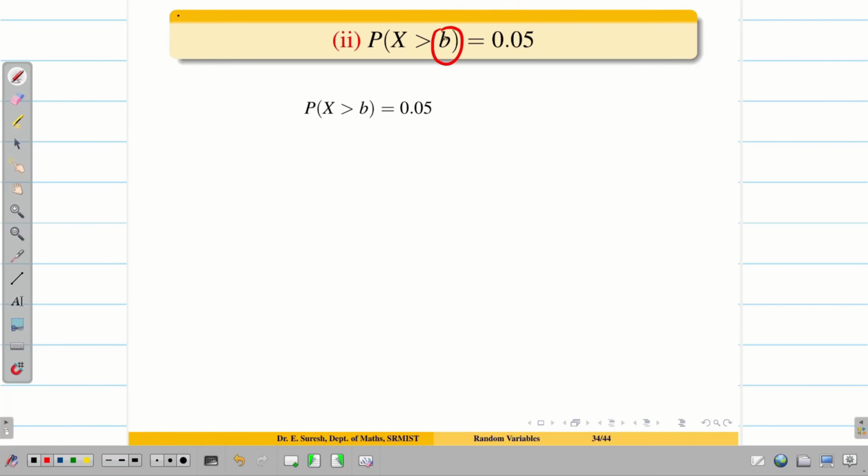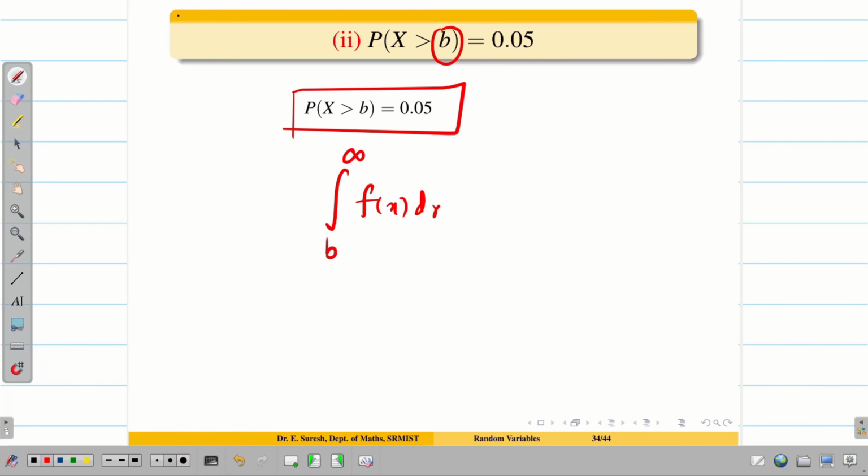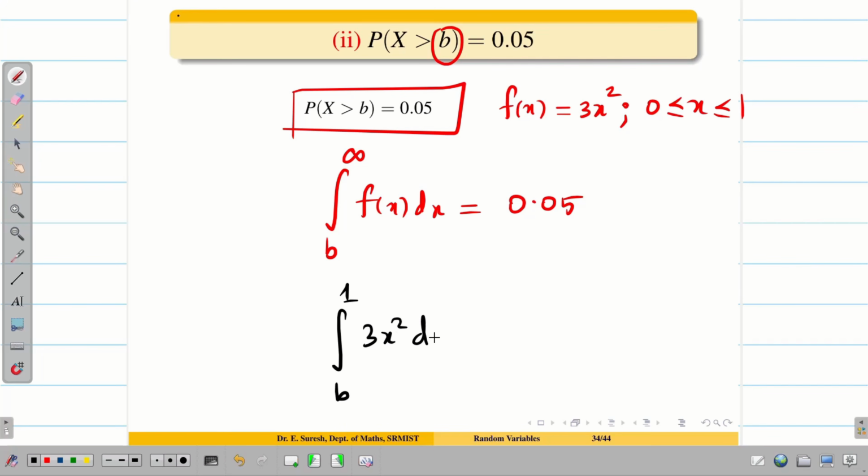Next we have to find the value of b for the given relation probability of x greater than b is equal to 0.05. According to the definition, the integral from b to infinity of f of x dx is equal to 0.05, but our function f of x is 3x square when x lies between 0 and 1, and 0 otherwise. Therefore, integral b to 1 of 3x square dx is equal to 0.05.